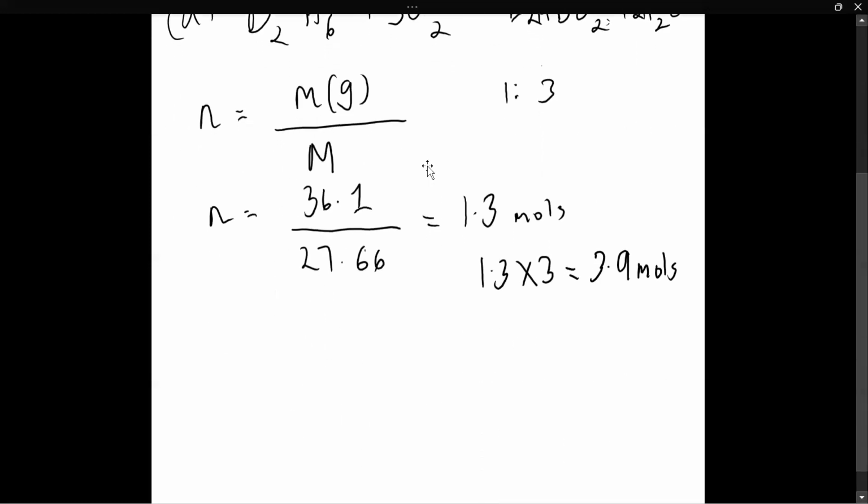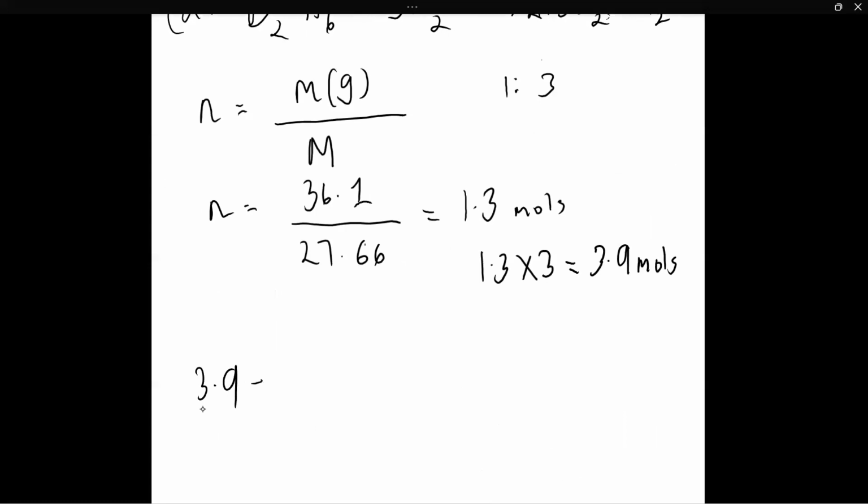So if we know one variable, we know we need 3.9 moles. N is moles. We know the molar mass of oxygen is 32 because it's O2, right? And the mass in grams is X. We don't know what that is. So simple math over here.